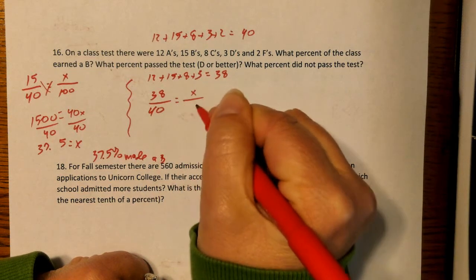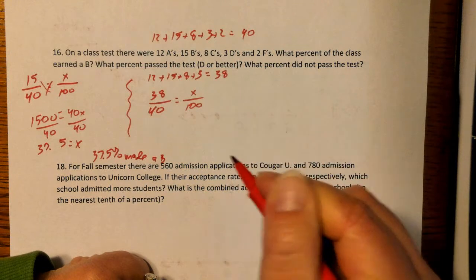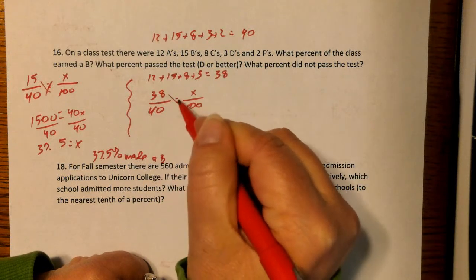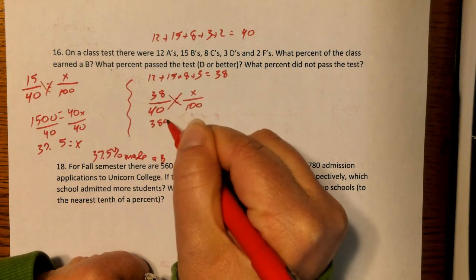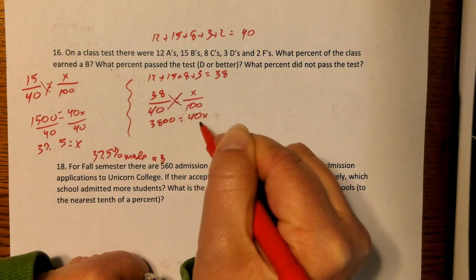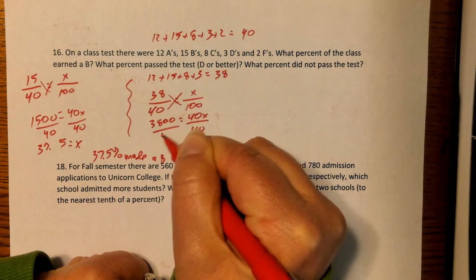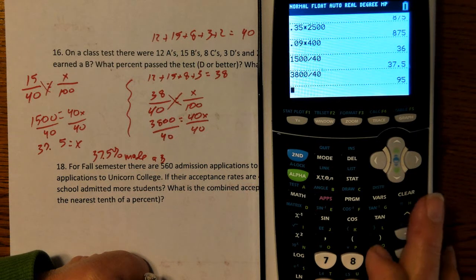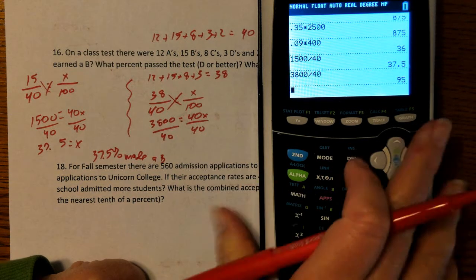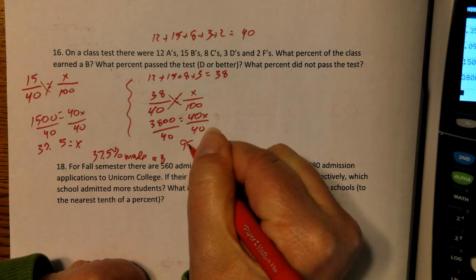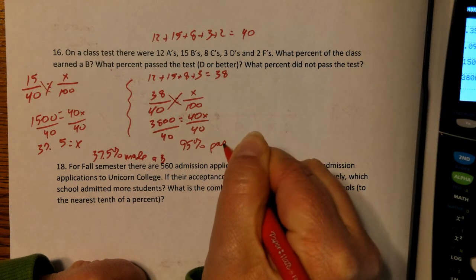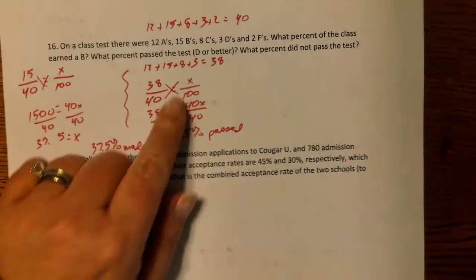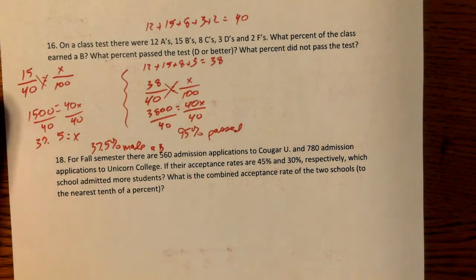We need to know what percent that is, what that is out of 100. So cross multiply and divide. 3,800 equals 40x. And we get 95. So that means 95% passed with a D or better. Okay, 95 out of 100 would have passed.